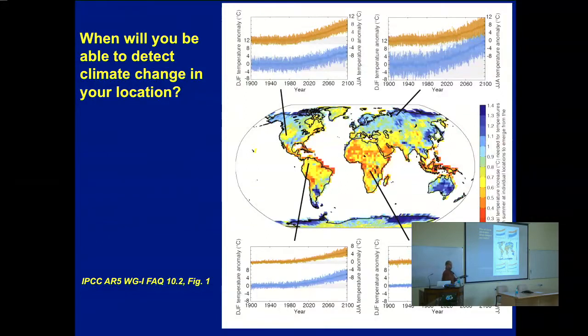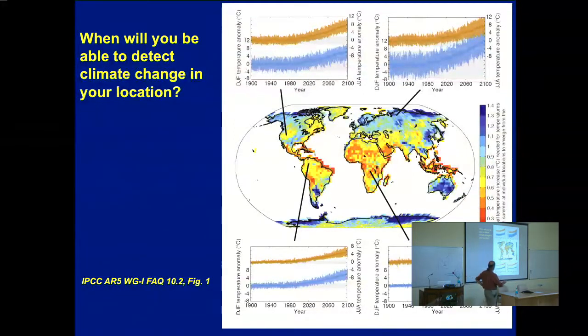If my band is much wider, if the natural variation in temperature at a particular location is much more, then this separation will occur at a much later time. And a much later time means much higher temperature change in the globe.